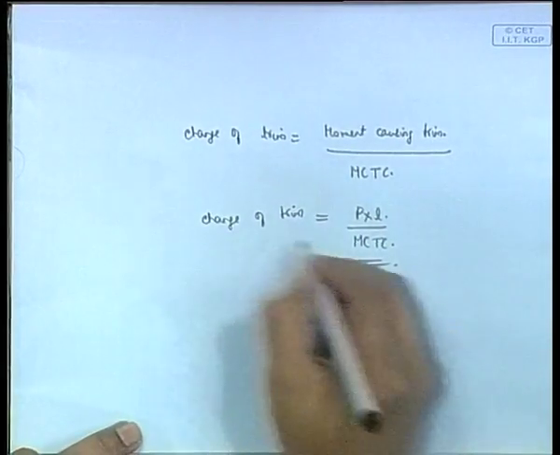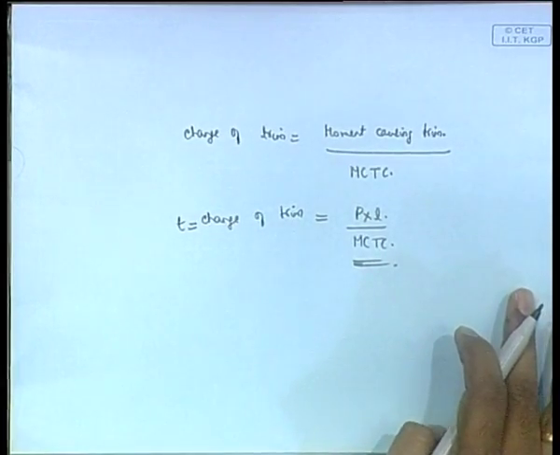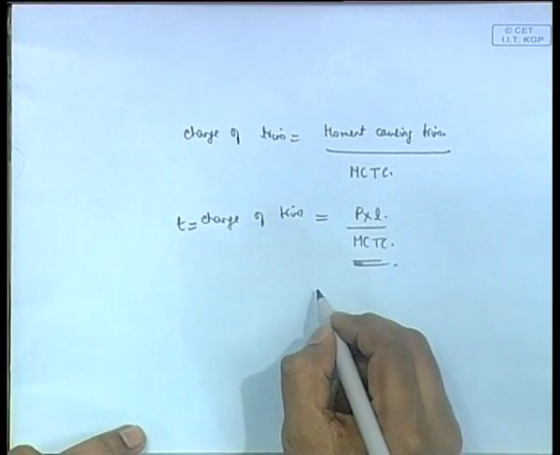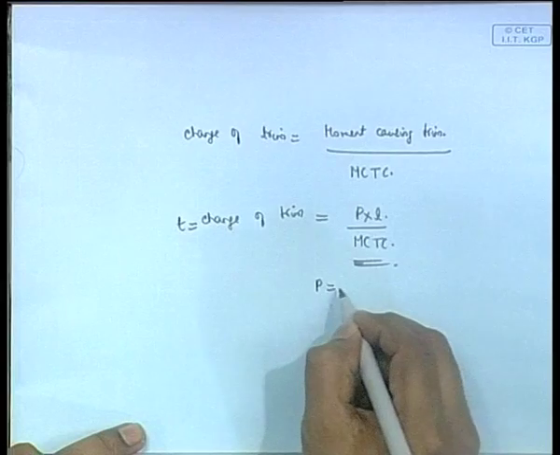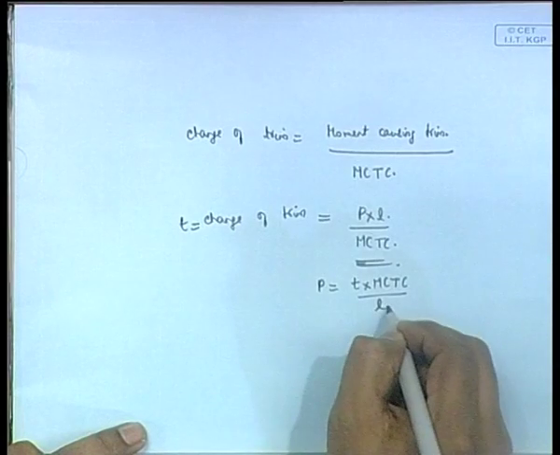This is usually written as P equal to change of trim into MCTC by l.